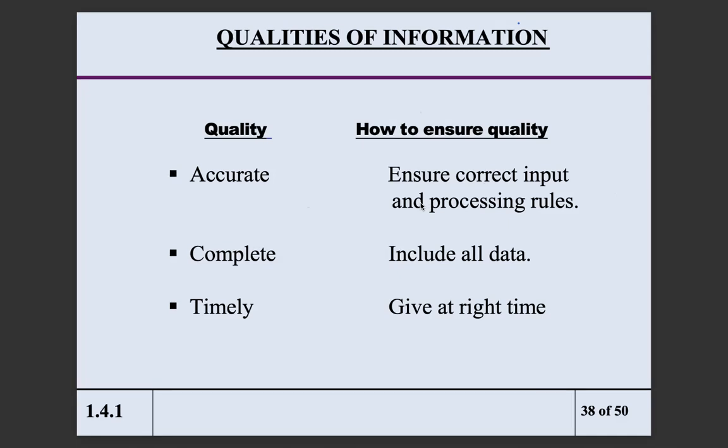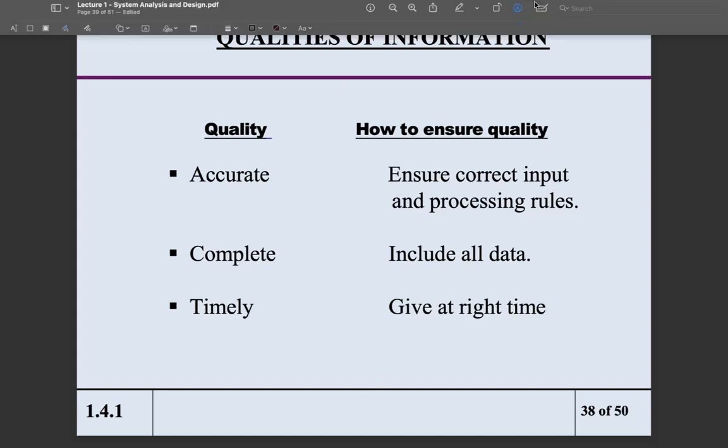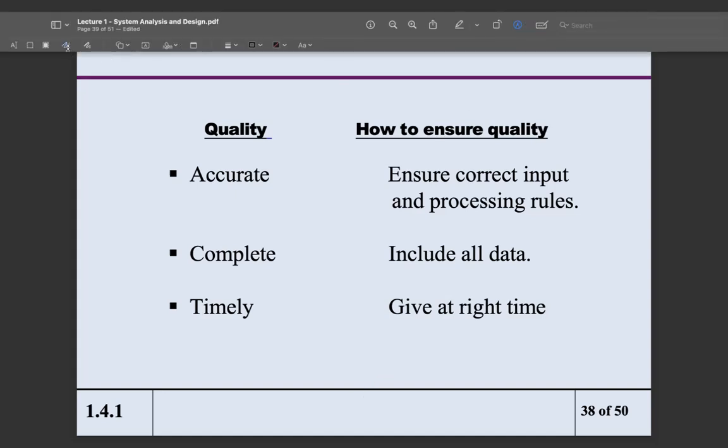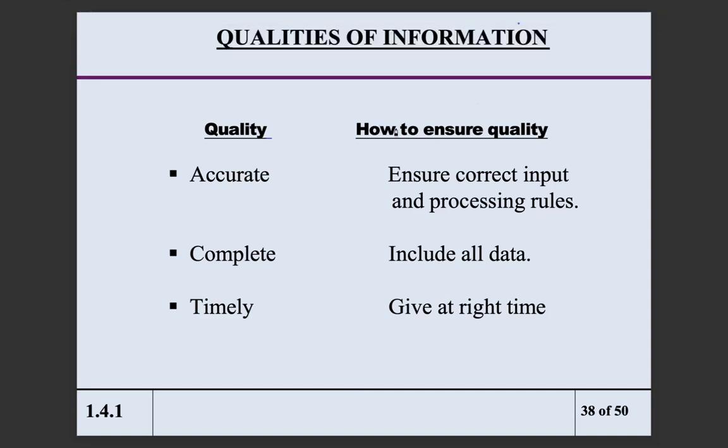Okay, now we have the qualities of information. When it comes to qualities of information, that information should be accurate. Not only that, it should be complete, and also it should be timely. To ensure the quality of accurateness, we have to ensure correct input and the processing rules we have followed.